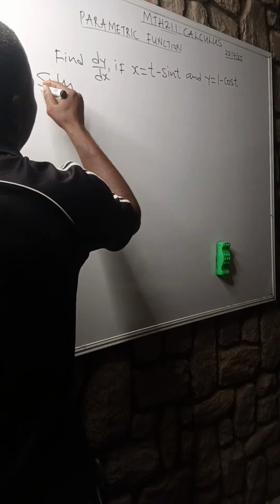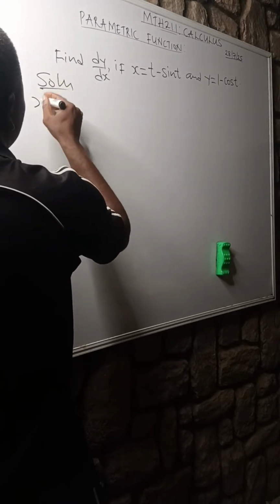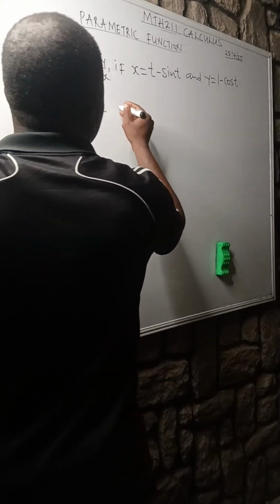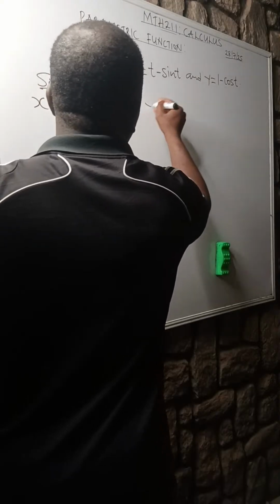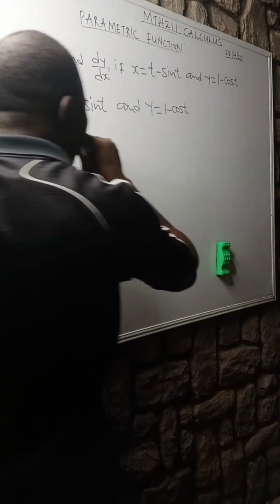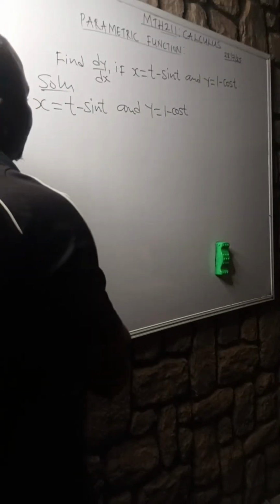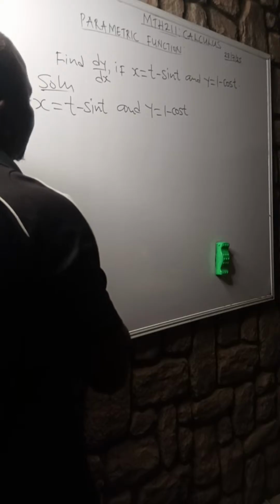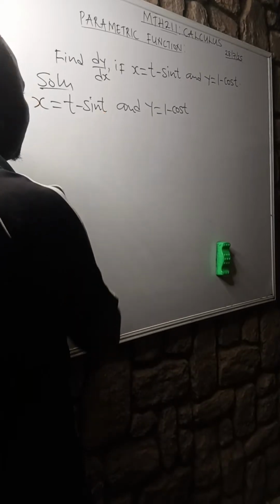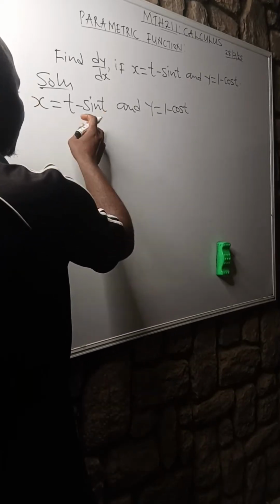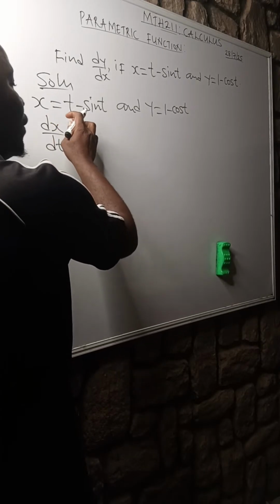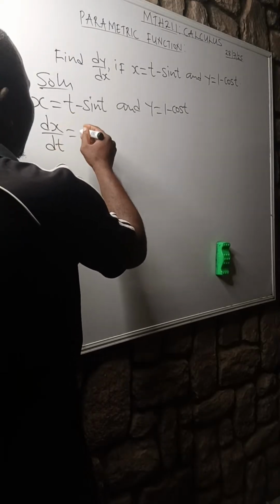So let's write the solution. Our x is equals to t minus sine t and y equals to 1 minus cos t. Do you agree with me? So we are to differentiate this with respect to t. So our dx all over dt: if you differentiate t, you are going to have 1.